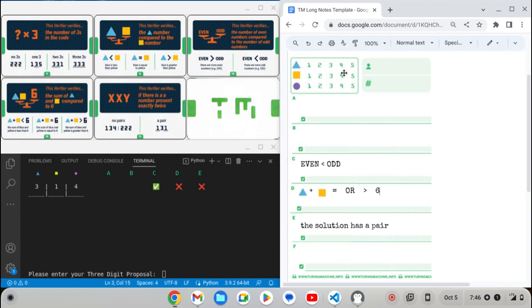It could be that the sum of the first two digits is 6, and because we have a majority of odds, it would have to be some kind of combination of 1 and 5. And we also have criteria card B that'll tell us which one. And so if the sum is 6, but we do have a pair.